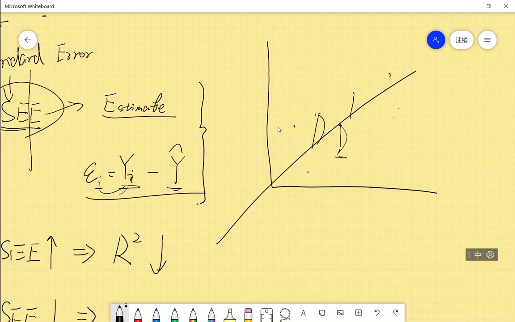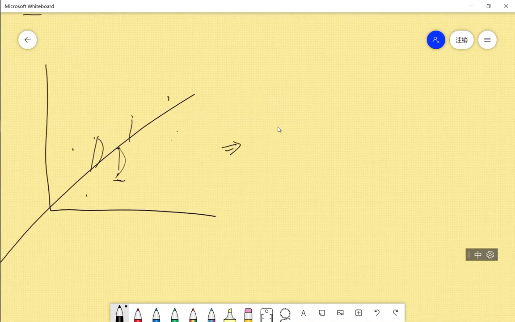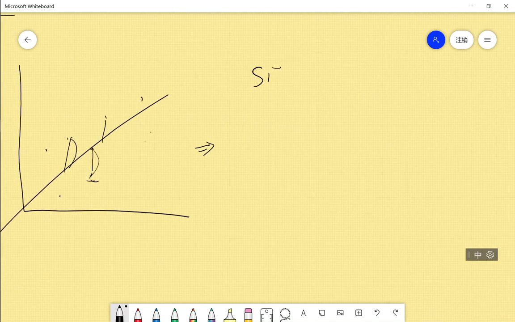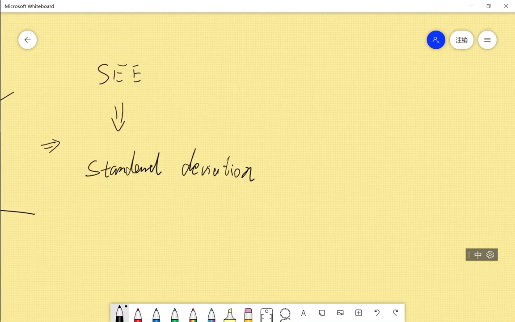So the SE equals the standard deviation of the residual.